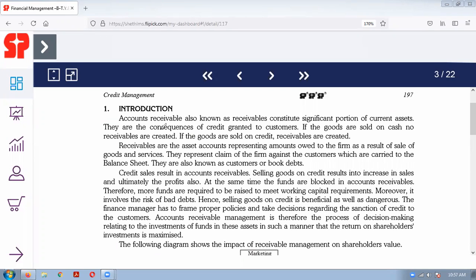Actually, what are debtors? Debtors is the credit granted to the customers. Receivables are nothing but credit granted to the customers. So if goods are sold on cash, no receivables will be there. Normally then the cash account will be debited, and the debtors account will not be debited.